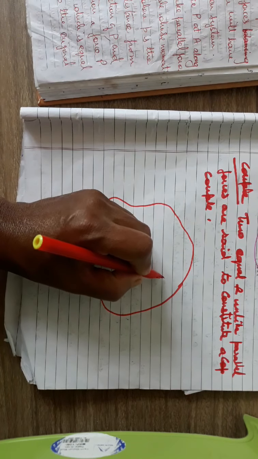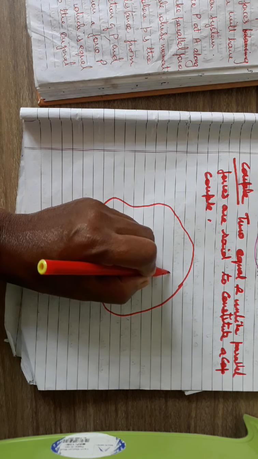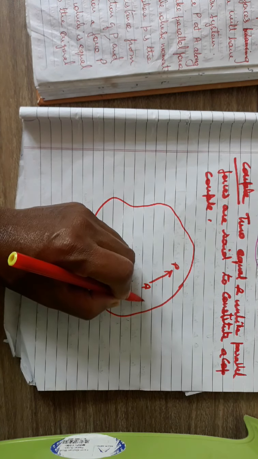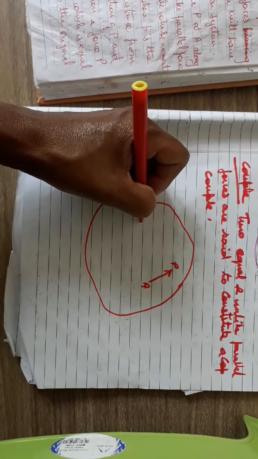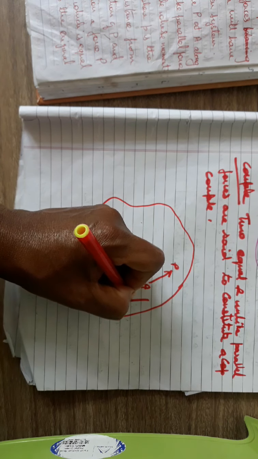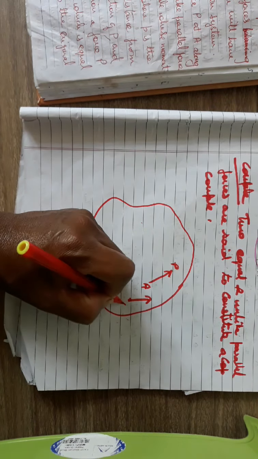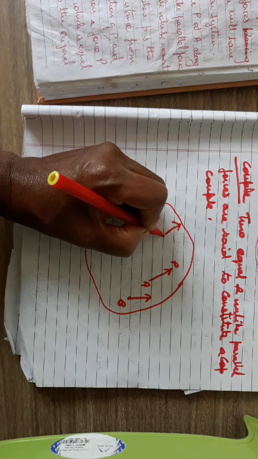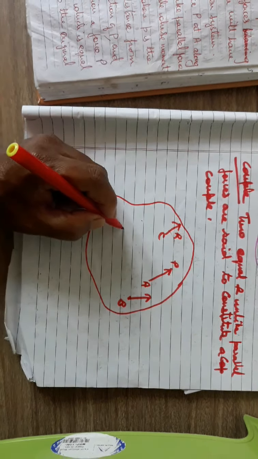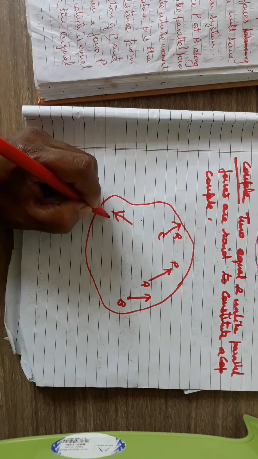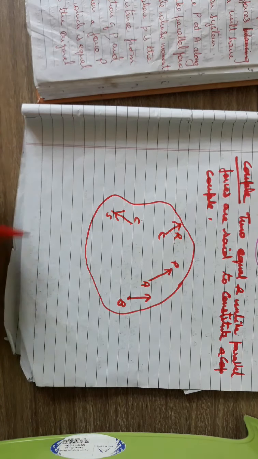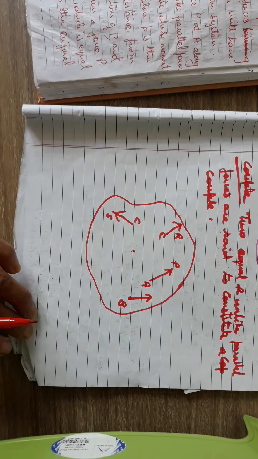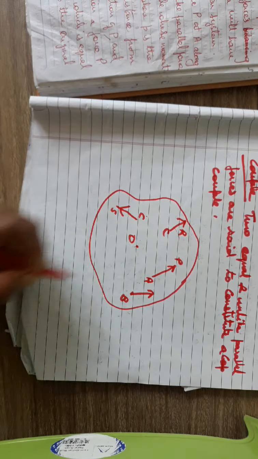This is force P acting at A, force Q acting at B, force R acting at C, force S acting at D, and so on. You take O to be any arbitrary point in the plane of the rigid body.